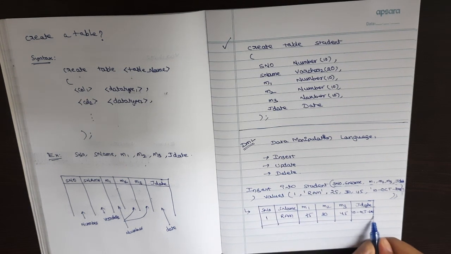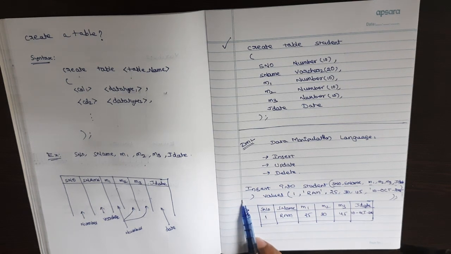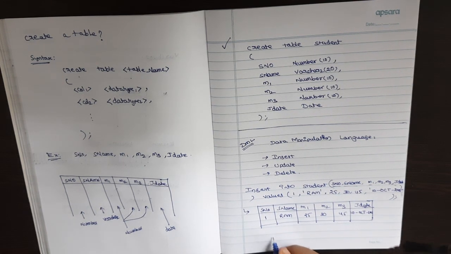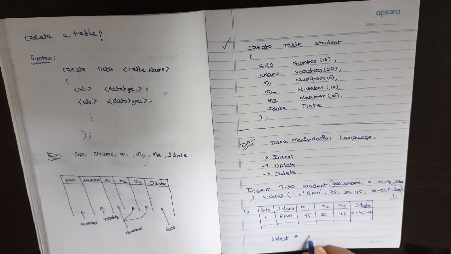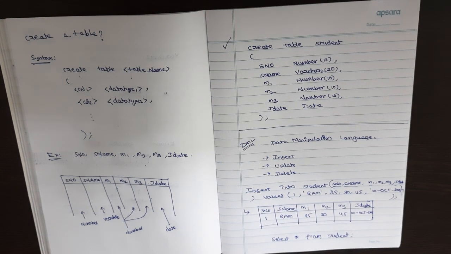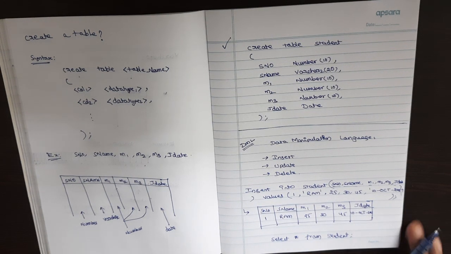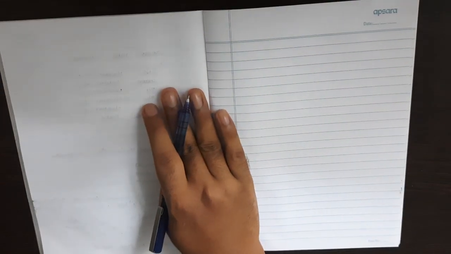How can you see whether this data exists in the table or not? After executing this script, you write a select statement: select star from student. Then you will get the records existing in the table, right? This is called a DML operation, which is insert.